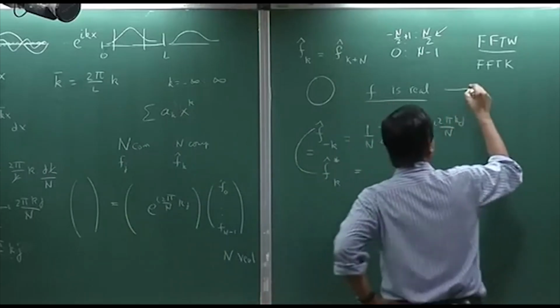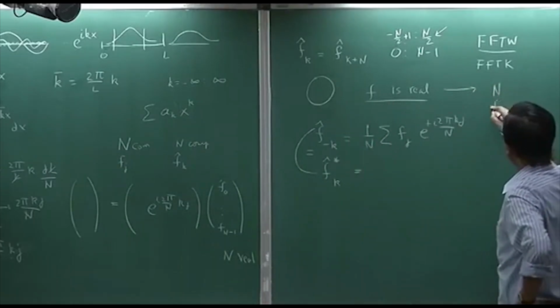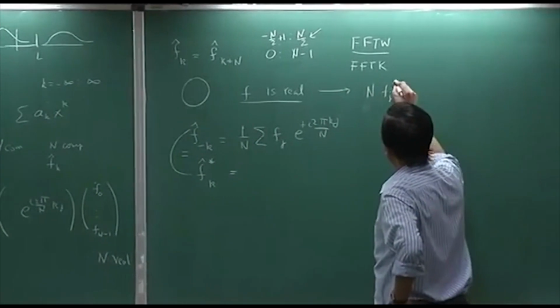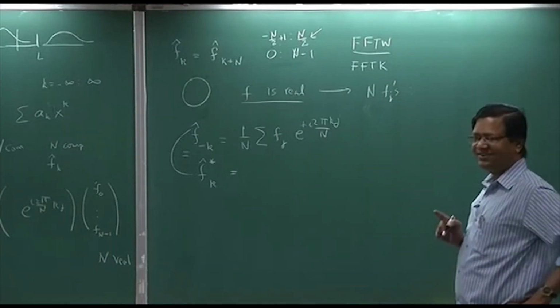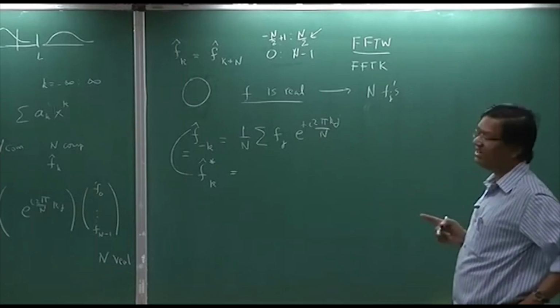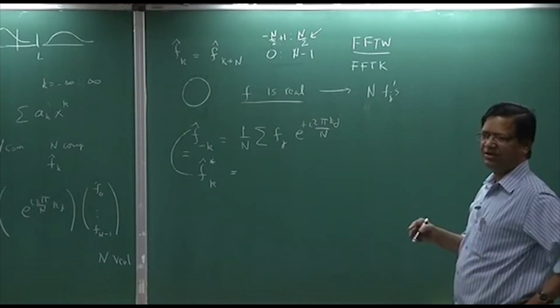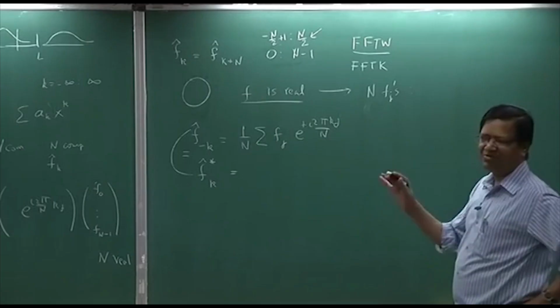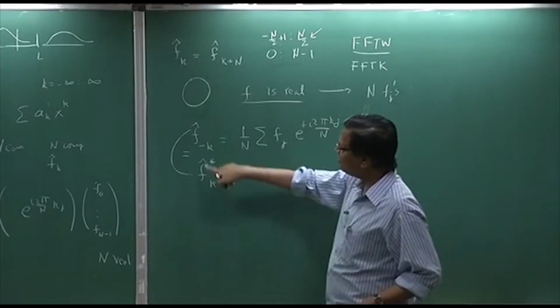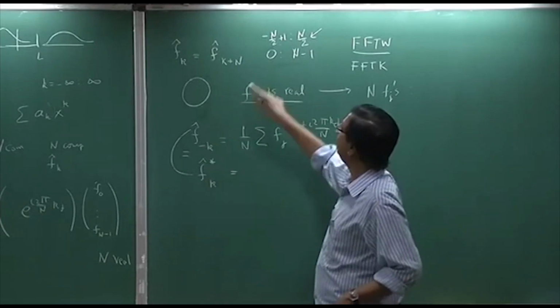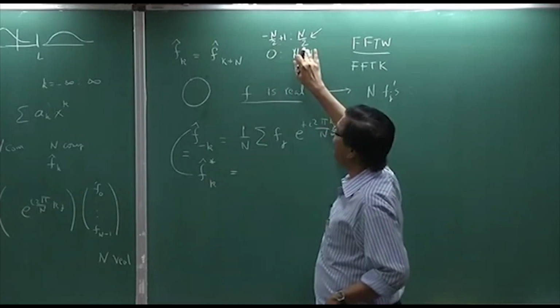If f is real, then n f_j's. But now I should have only n real numbers in f hat k. Now, you can easily show this property, I will not belabor it, you can just do the algebra. Because of this property, these will be related to those.